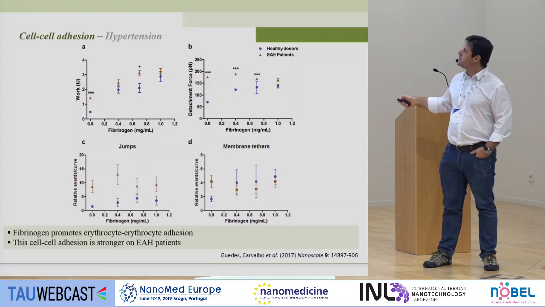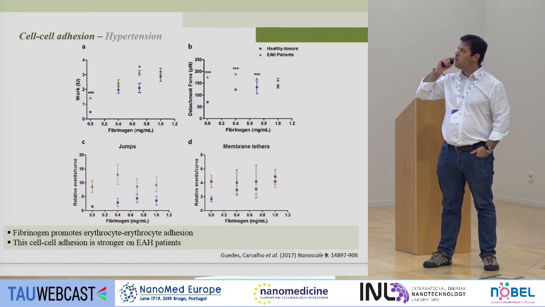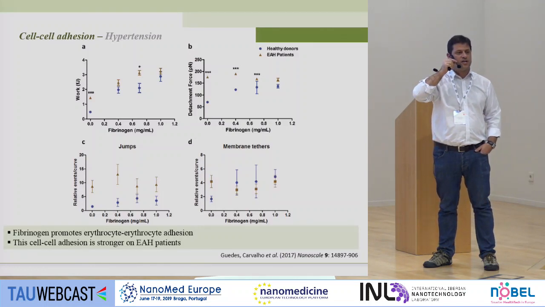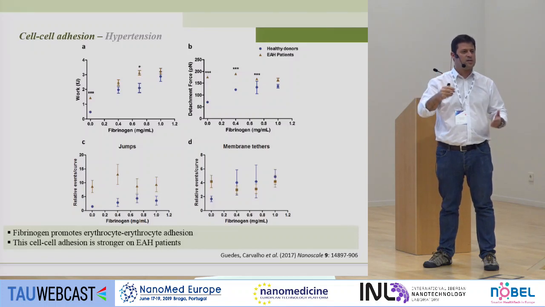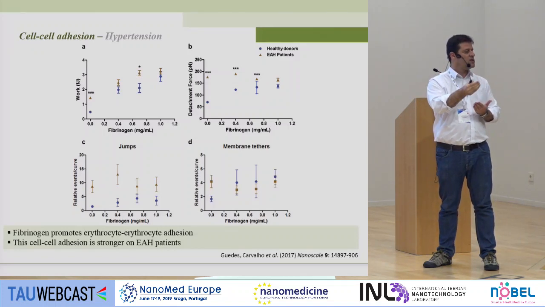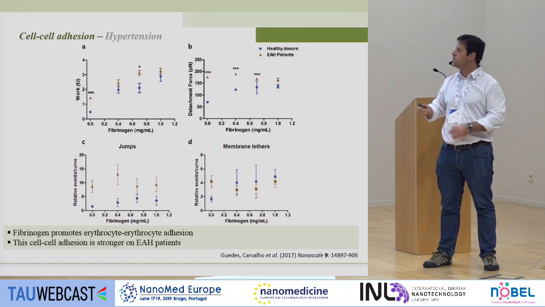And the most important thing, the results are here in this plot, in which you can see that both for the patients and for the healthy control subjects, there is an increase in the work, in the energy necessary for cell-cell detachment upon increasing the amount of fibrinogen present in the sample.